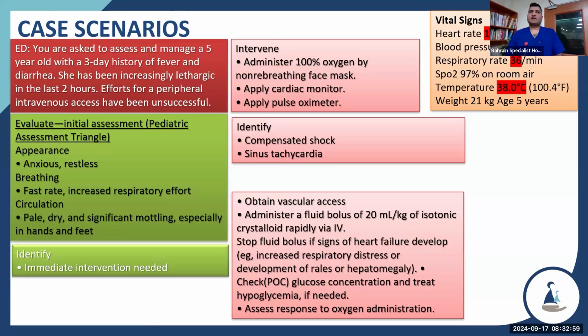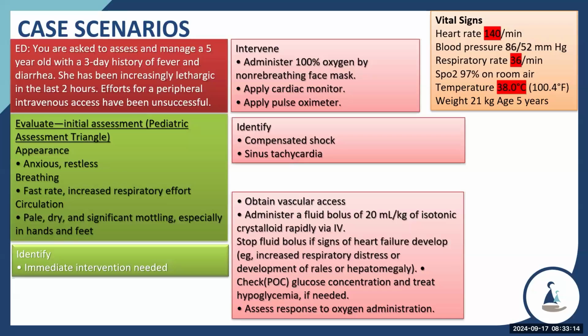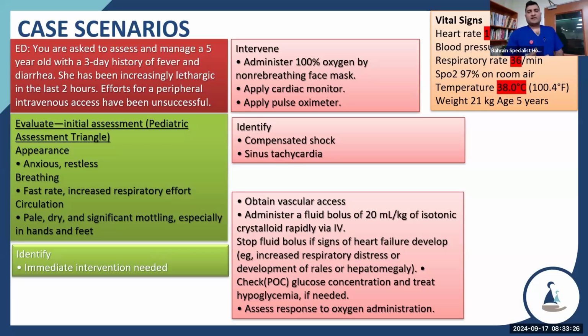Just one case we'll discuss to understand if you understood what we discussed. We have one patient, 5 years old, presenting with a 3 day history of fever and diarrhea. She has been increasingly lethargic in the last 2 hours.